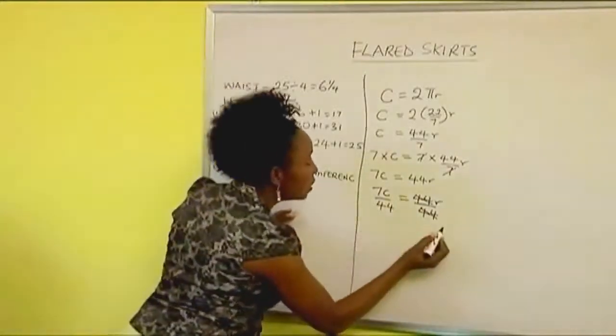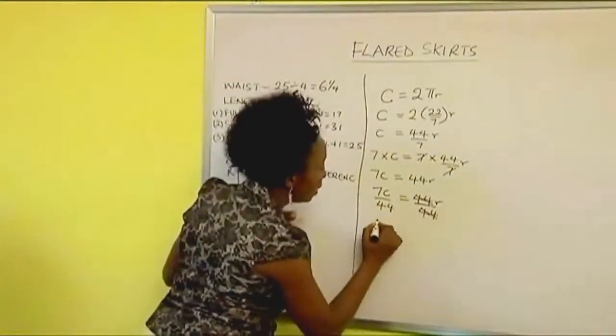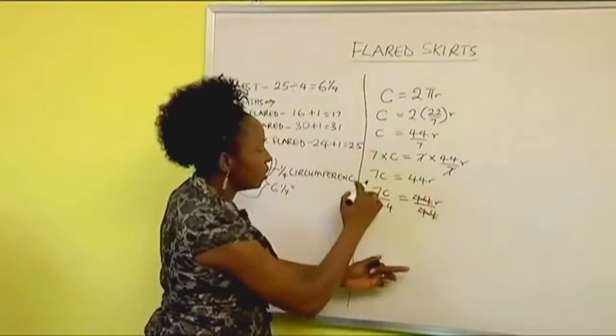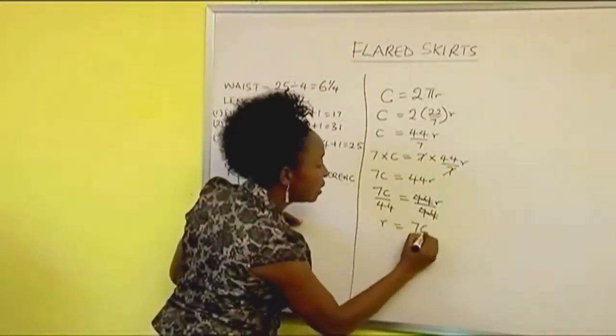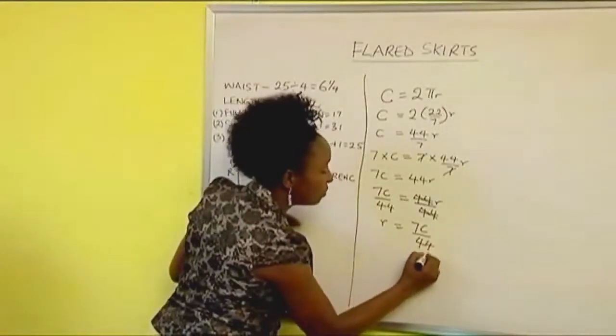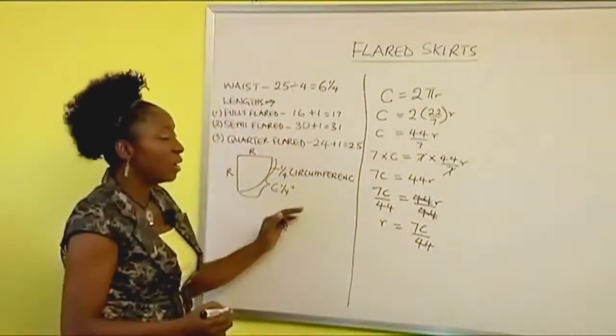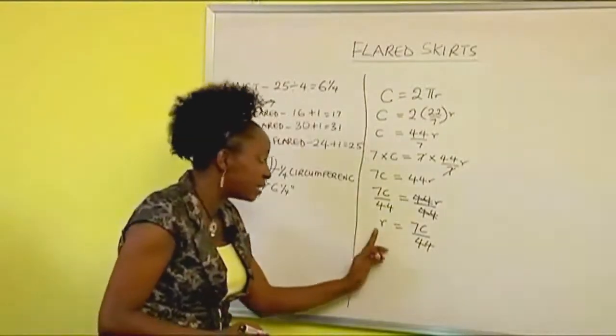You can see that. So now I change this to the other side, and that will be r equals 7C/44. Easy.